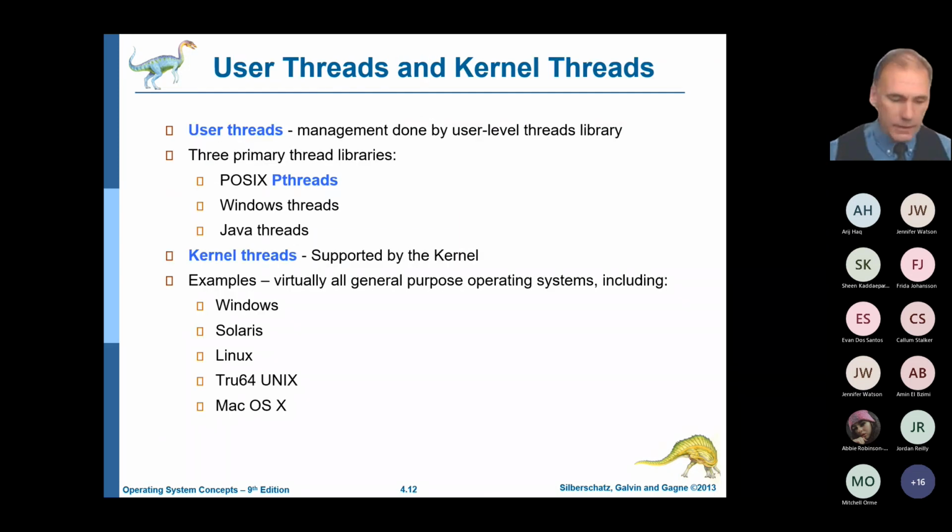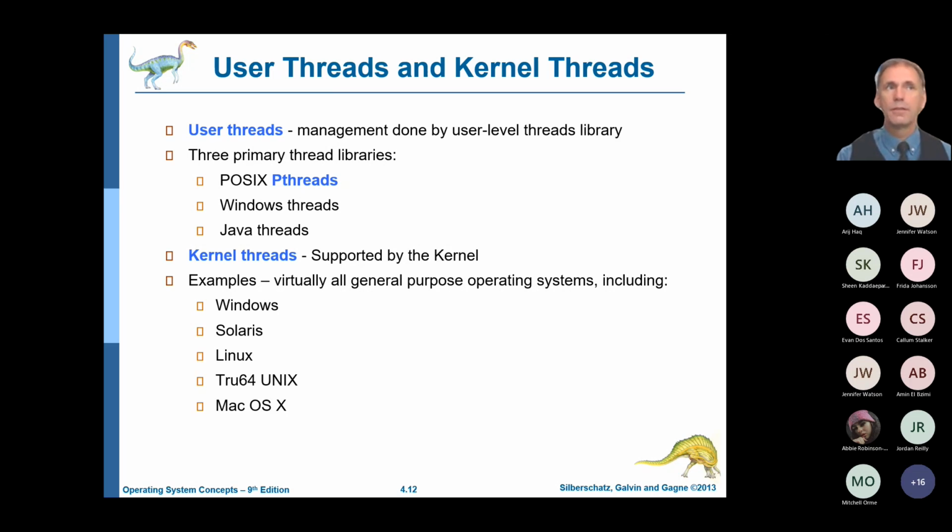So these are baked into the operating system, and we have a couple of different types of thread actually. We have user threads, ones where the users create them themselves, and we have kernel threads, ones where the kernel runs multiple protected threads on its own.